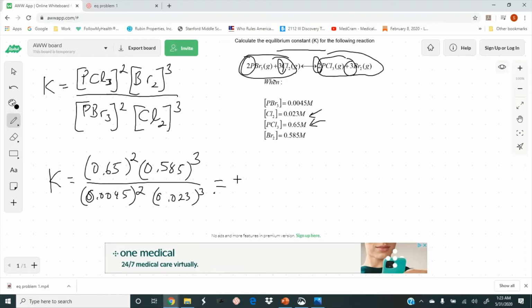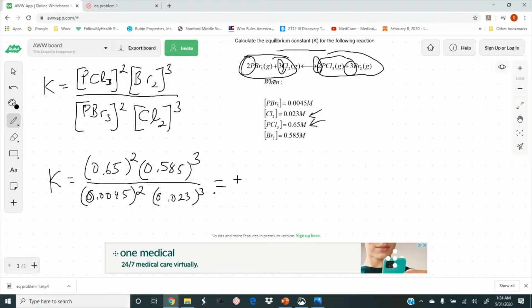This is calculator time now. 0.65 squared, times 0.585 cubed. You've got to know how your calculator cubes and squares.